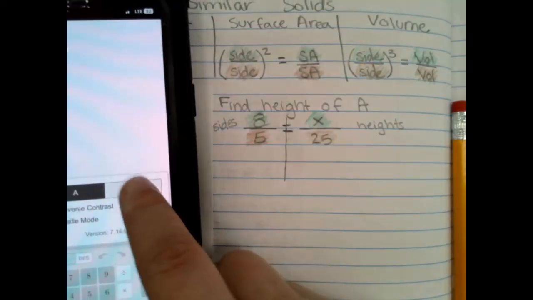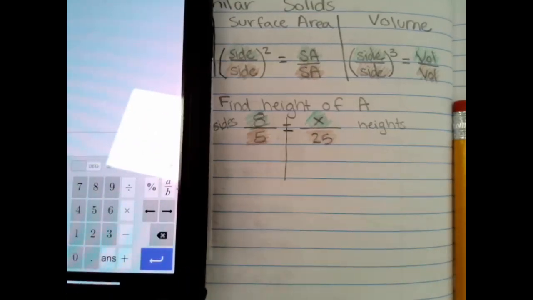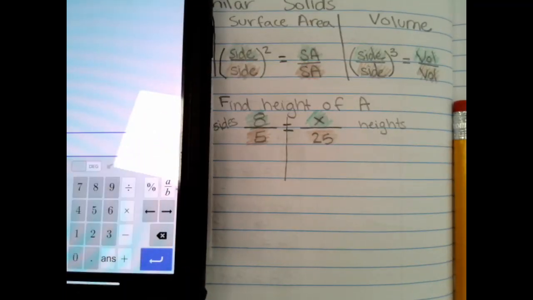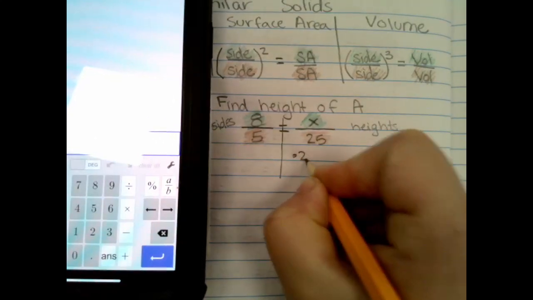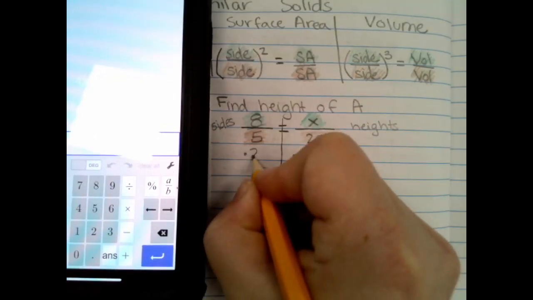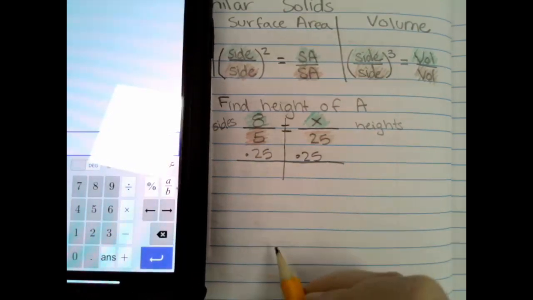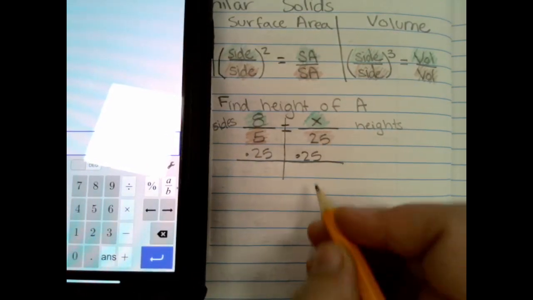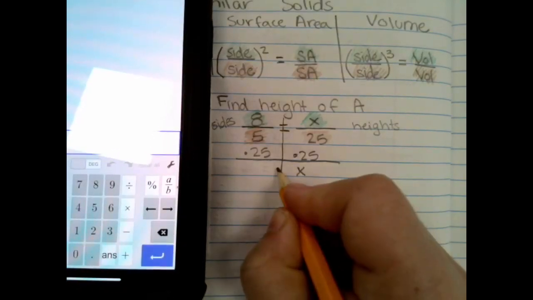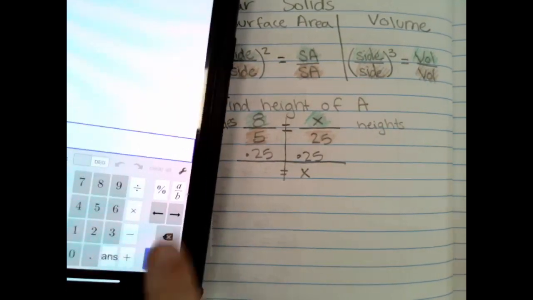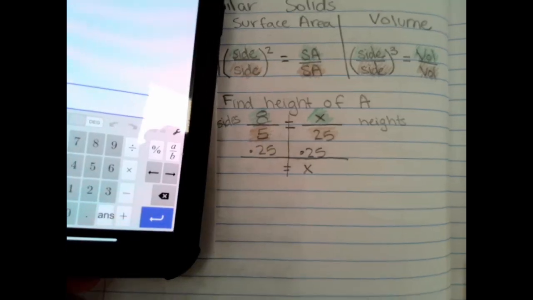The way we did it in our classroom is we just looked at this as x divided by 25. So to undo divide, we do what? Multiply. So multiply by 25 on both sides. On the right side, that undoes the 25. We would be left with just x equals. And over here, we're going to put that into our calculator.